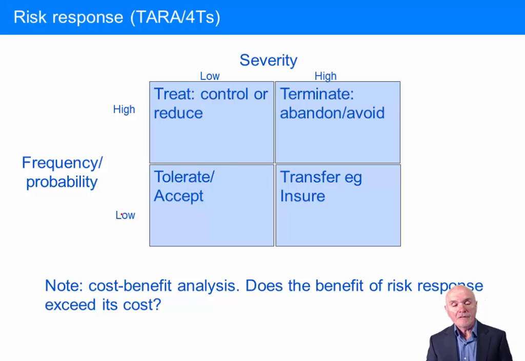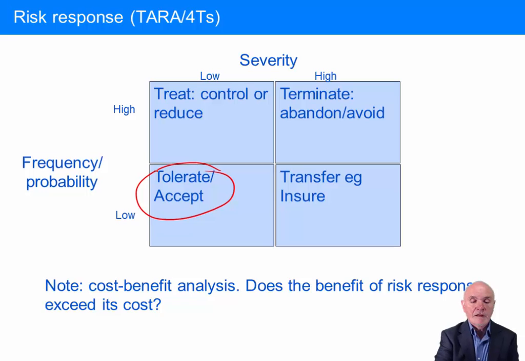So let's think of where we have low frequency and low severity. This on the previous diagram was, I think, what we called the loss of small suppliers. I'm probably going to put up with that. It's something that happens maybe once a year, and we find another supplier pretty easily.